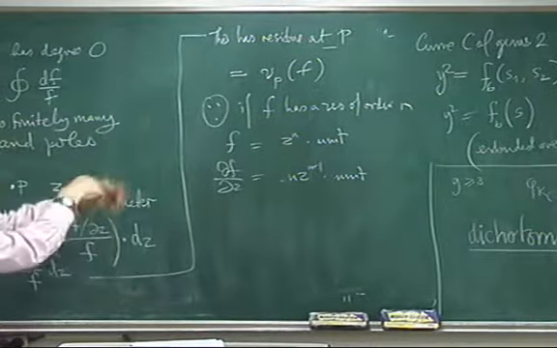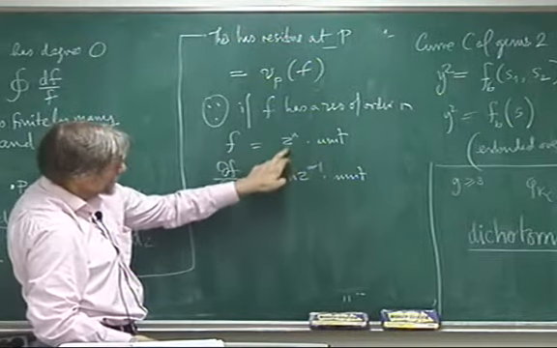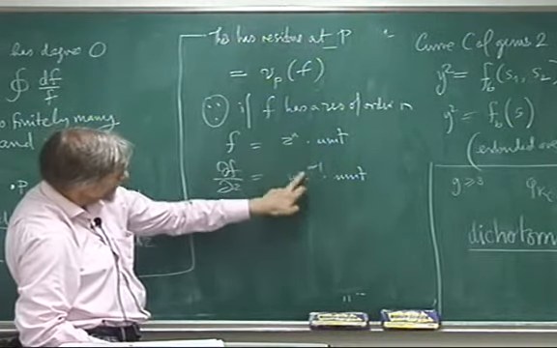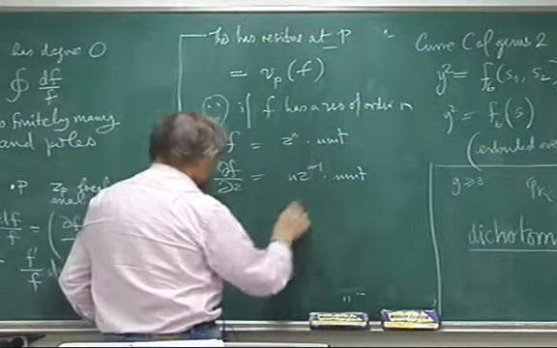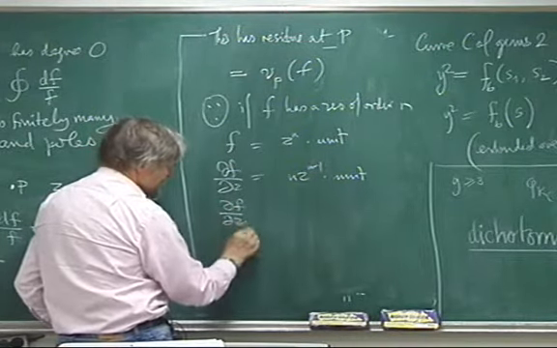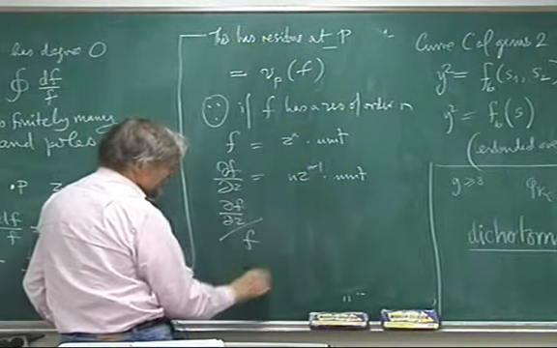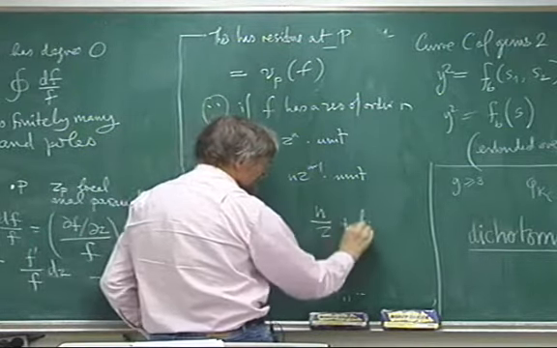Right, I'm differentiating that bit, and then I'm differentiating the unit times z to the n, but that'll give a higher order term. And so when I do df by dz divided by f, this is n over z plus higher order terms.